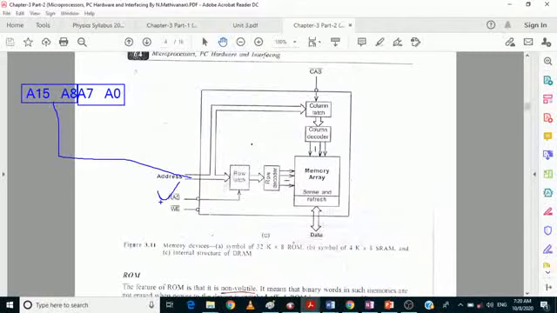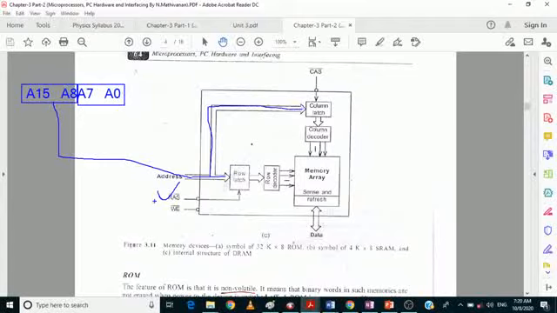Now, the address which is there on the address bus, before generating the RAS, is commonly available to this particular device as well as to that device.